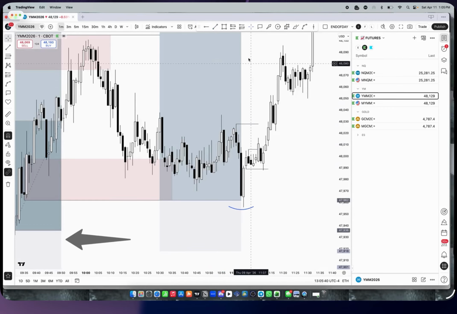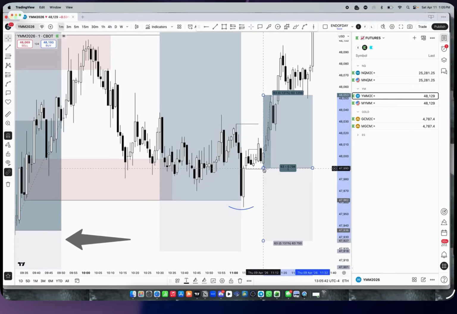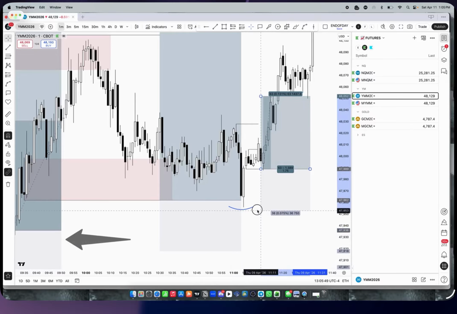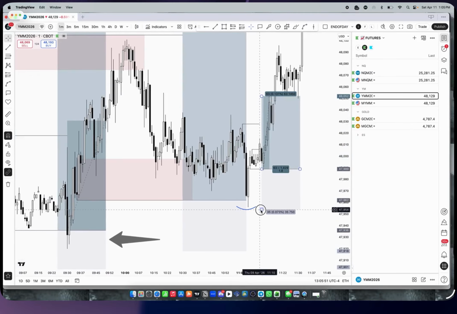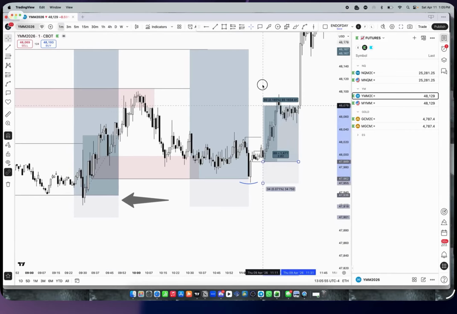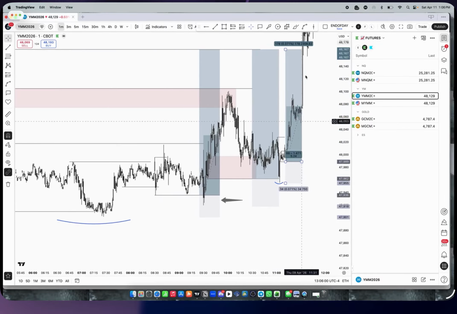I pressed buy. Now, reality, my fill was like above here just because I was doing something at the same time as I was trading, which is not recommended because you will miss these entries. Target here. Now, I walked away with 5R.